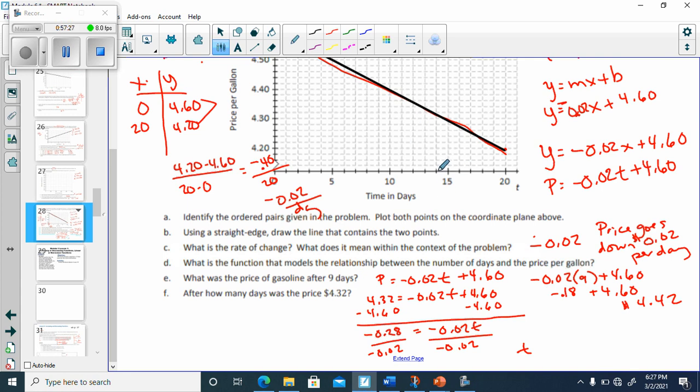Let's look and see. Would that be about right? 14 days, 4.32. That makes sense. That would be 14 days. Okay, that covers all of that. We have now found the rates of change and the initial values, and we've talked about what they actually mean.